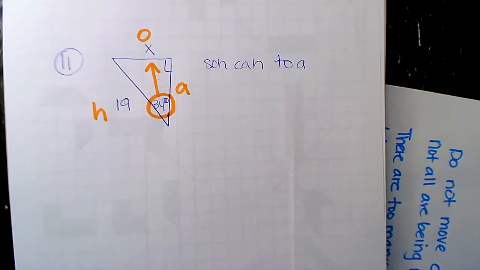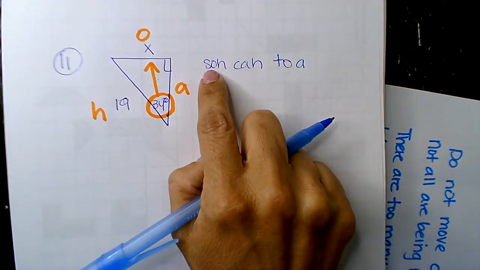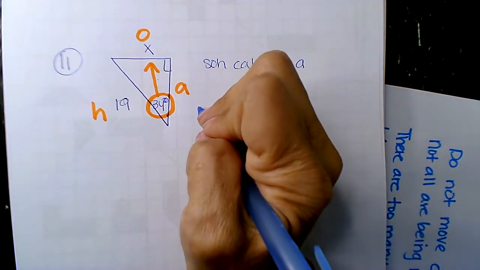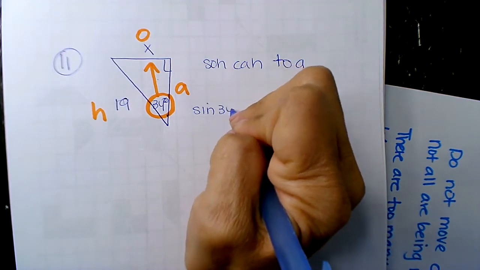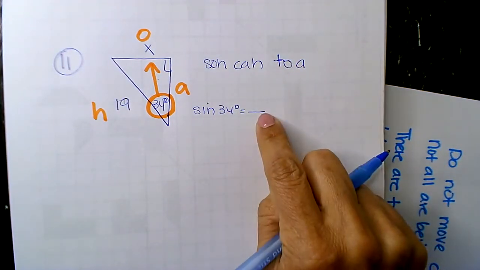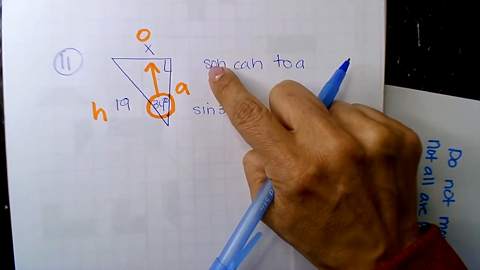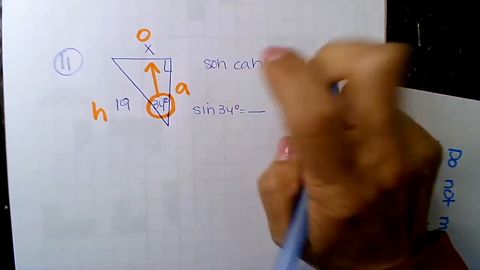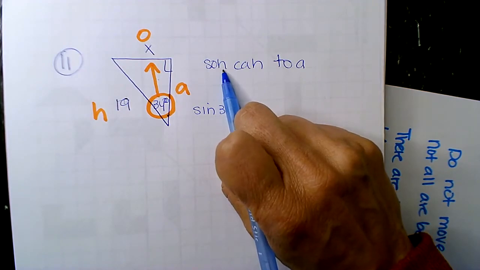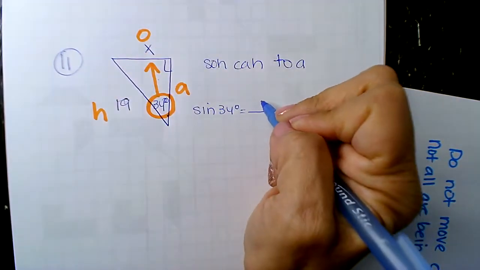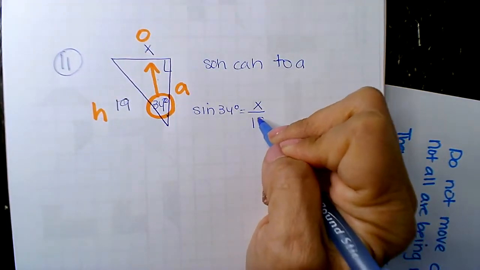Okay, so sine of the angle, sine of 34 degrees, is equal to the ratio opposite over hypotenuse. O, the middle letter is your numerator. The last letter is your denominator. So O is x, H is 19.